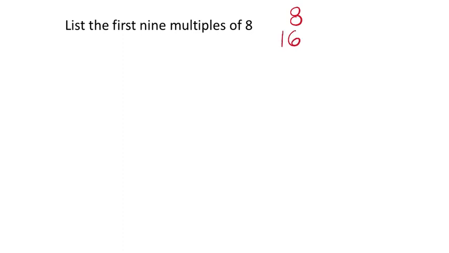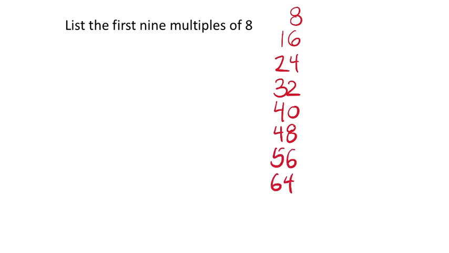Really, this is just making the list of the values from the multiplication table. 8 times 3 is 24. 8 times 4 is 32. 8 times 5 is 40. 8 times 6 is 48. 8 times 7 is 56. 8 times 8 is 64. And 8 times 9 is 72.